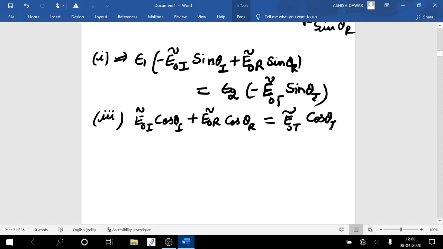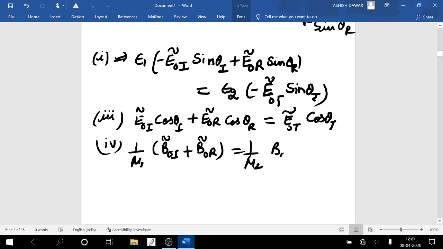The fourth boundary condition gives us 1 upon mu1 (B0i plus B0r) equals 1 upon mu2 B0t.